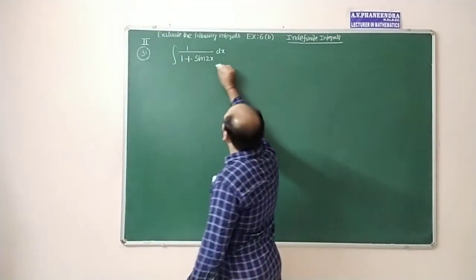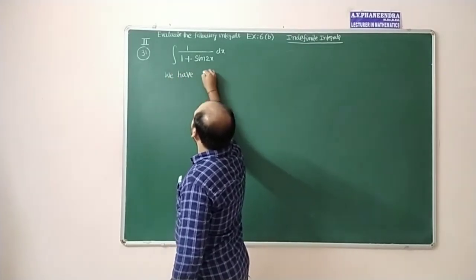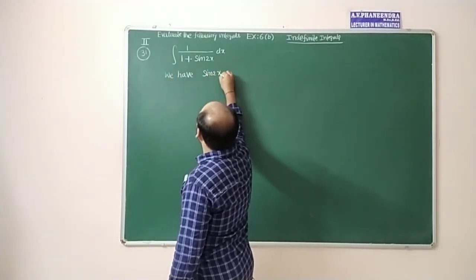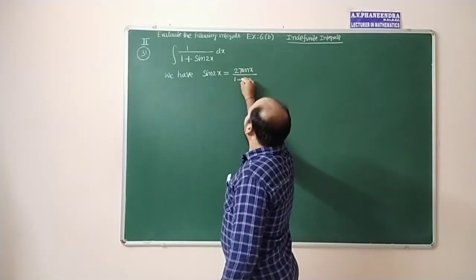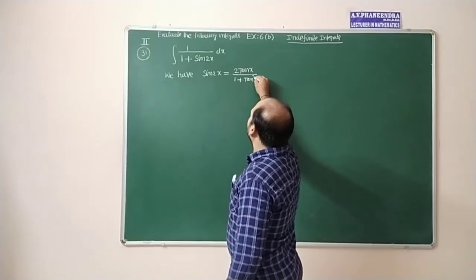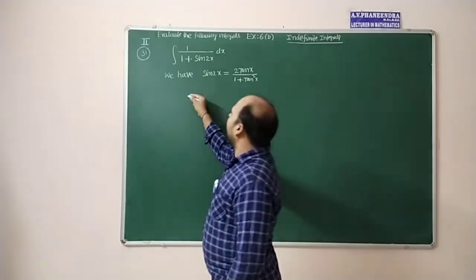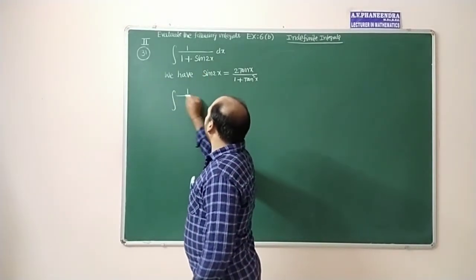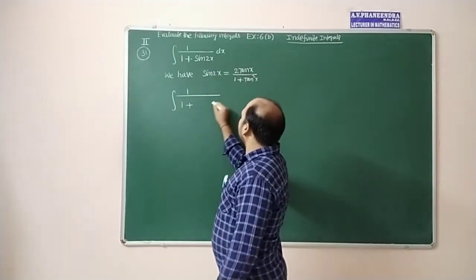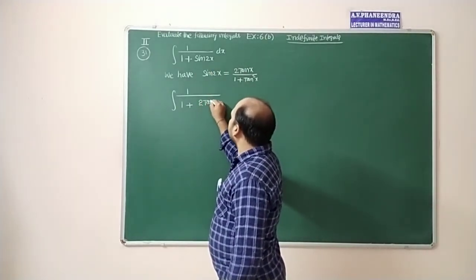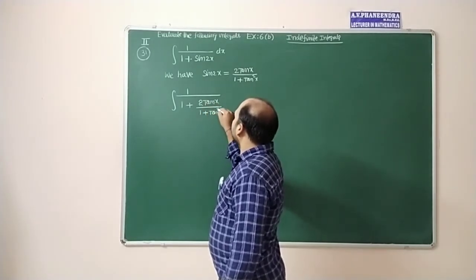We have the formula for sin 2x in terms of tan. Sin 2x is equal to 2 tan x divided by 1 plus tan square x. This value you have to substitute there. Integral 1 by 1 plus, in place of sin 2x we are writing 2 tan x divided by 1 plus tan square x, into dx.